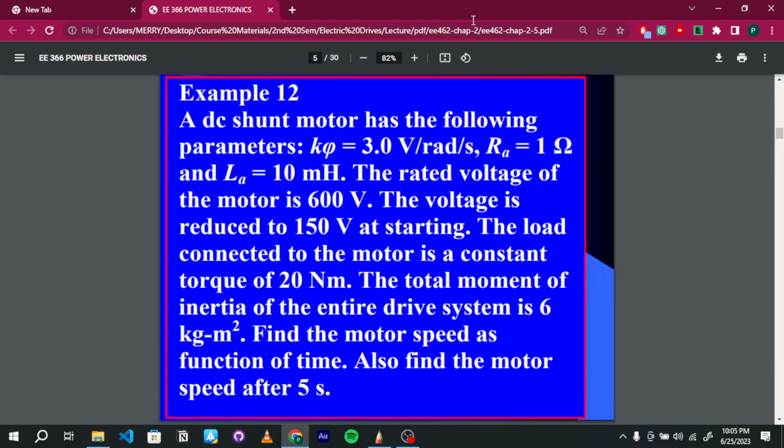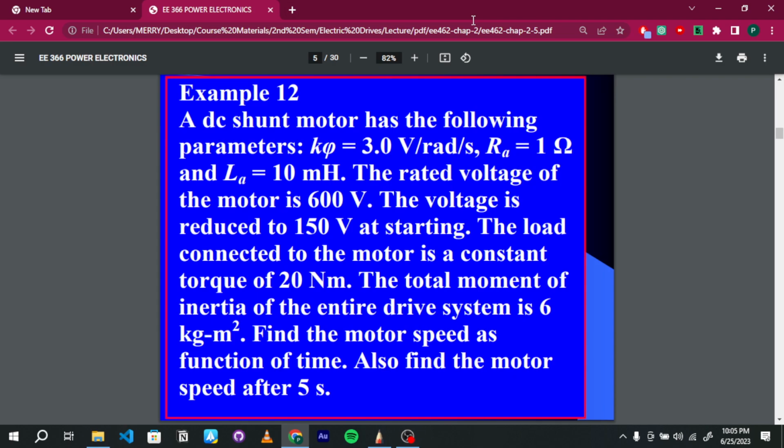The rated voltage of the motor is 600 volts. Now the voltage is reduced to 150 volts at starting. So at starting, 150 volts is the operating voltage.